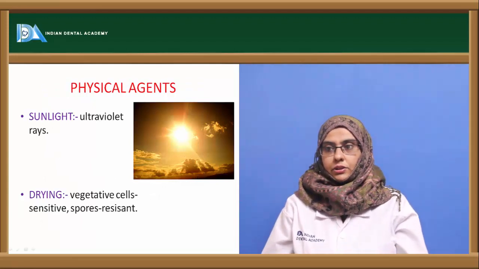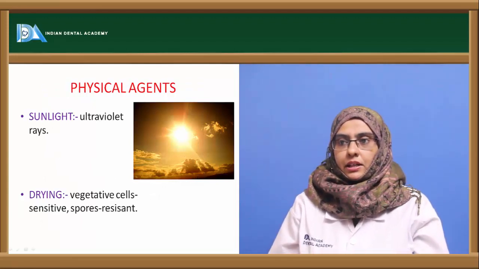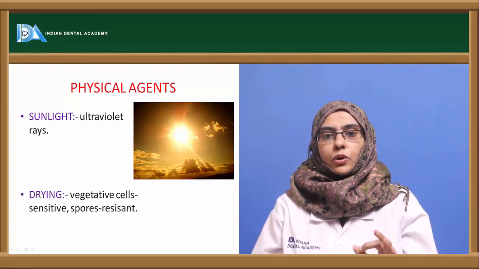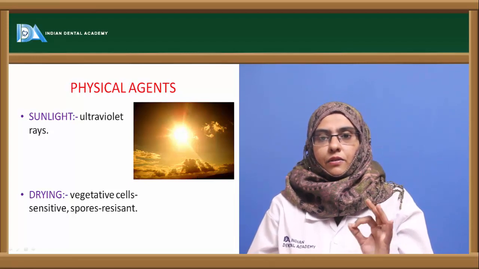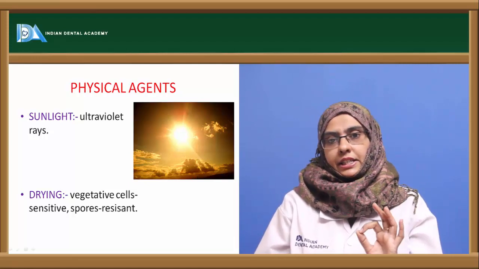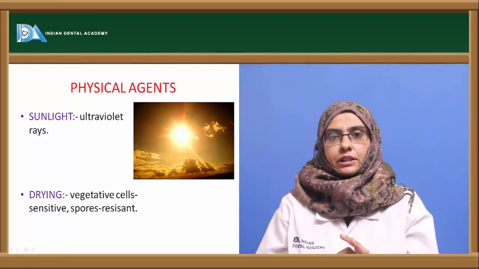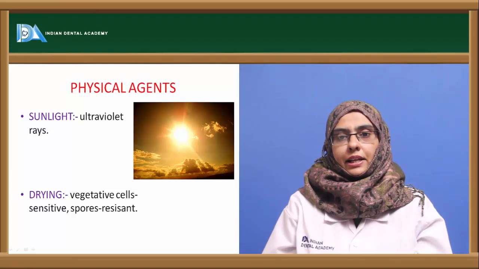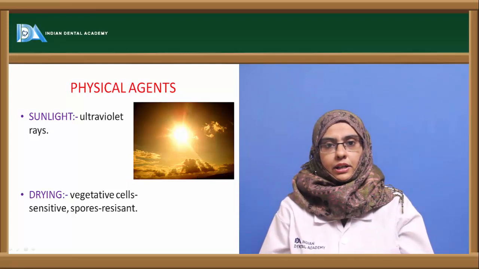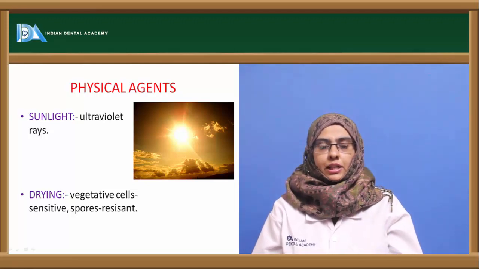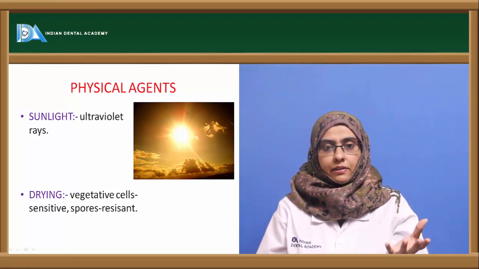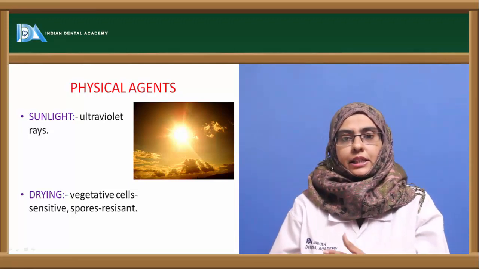So coming to the physical methods of sterilization, the first one being the sunlight. Sunlight is the cheapest and least expensive form of sterilization. Sunlight has different radiations that have the ability to kill the microorganism. The most prominent one being the ultraviolet rays, which have a deleterious effect on microorganisms. When the organisms are exposed to these ultraviolet rays, they usually get killed due to the rays acting upon the nucleus, that is the DNA molecule.